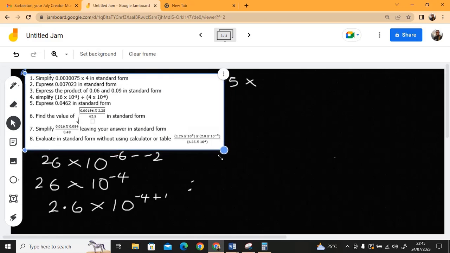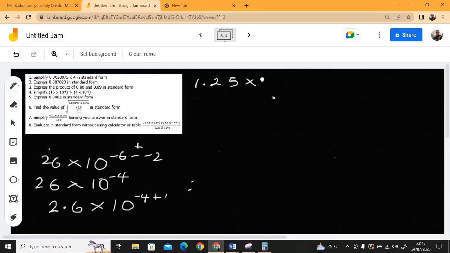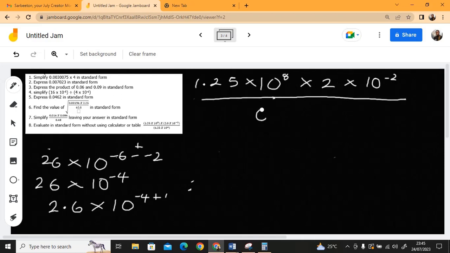Okay, times 10 raised to the power 8, times 2 times 10 raised to the power minus 2, all over, you are dividing by 6.25 times 10 raised to the power 4.